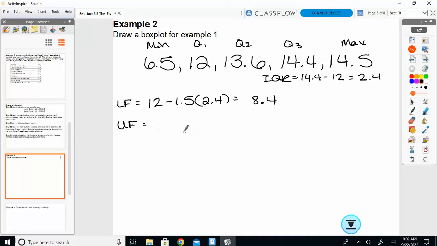Upper fence, quartile 3, which is 14.4, plus 1.5 times the IQR. And these formulas are just off your formula sheet. You're not memorizing them.